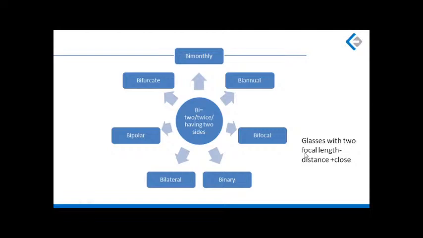Binary, a system of numbers where there are only two digits, 0 and 1. That is why it is called binary. Bilateral, from the word lateral, sideways, just like you get multilateral. So bilateral involves two sides, multilateral involves multiple sides.